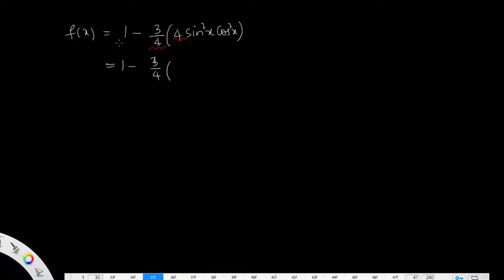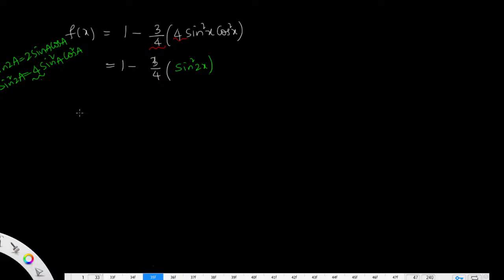Sin 2a formula is 2 sin a cos a. So multiply and divide by 4. Why? Because 4 sin square a cos square a can be written as sin square 2a. That is why, if the 4 is not there, just multiply and divide by 4. So that is equal to sin square 2x. Therefore 1 minus 3 by 4 sin square 2x. That is the value. So simplify.